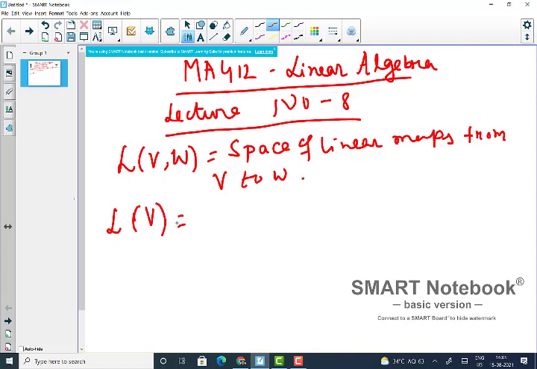So the elements of linear maps from V to V we call operators.